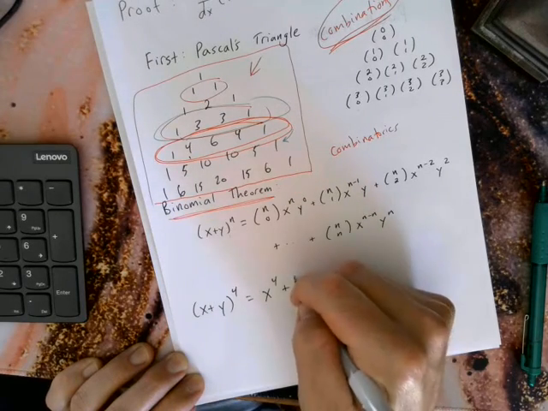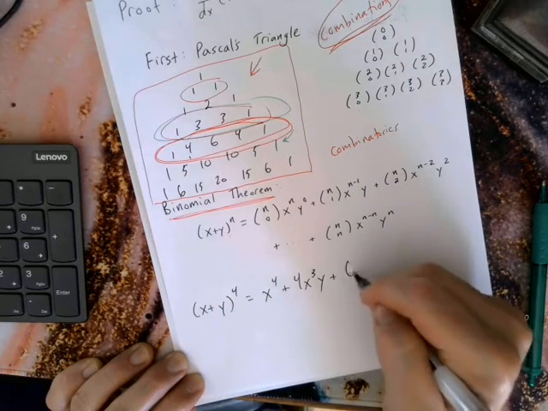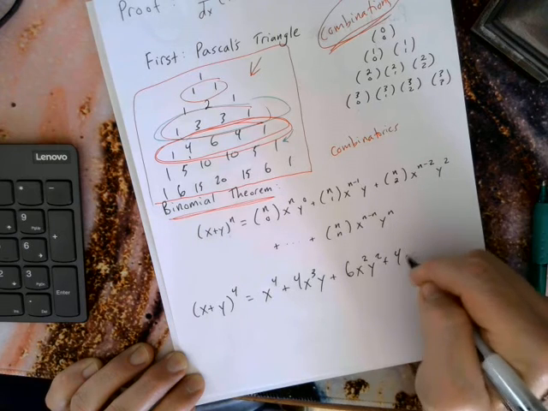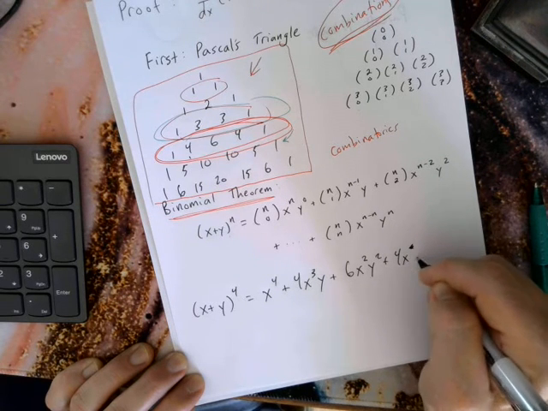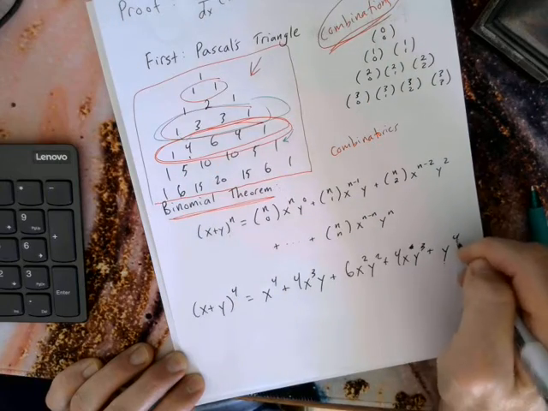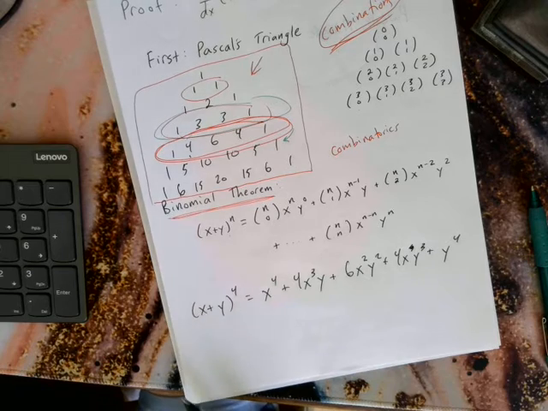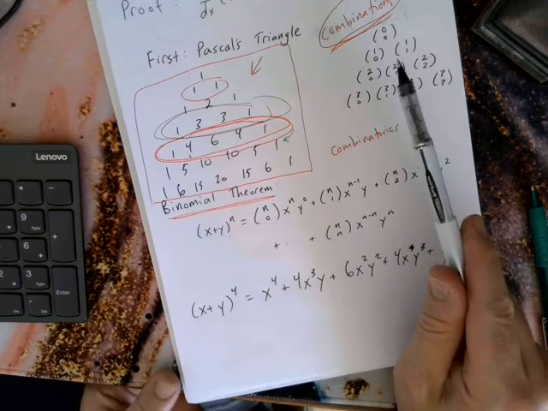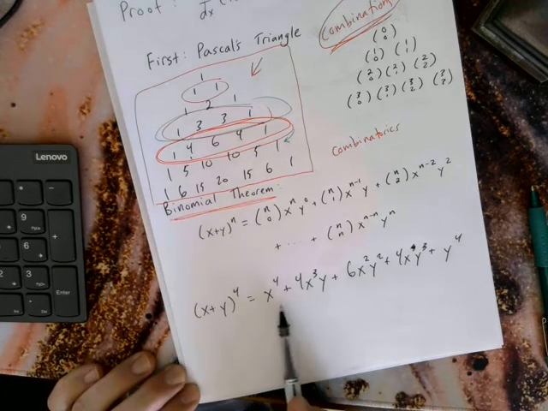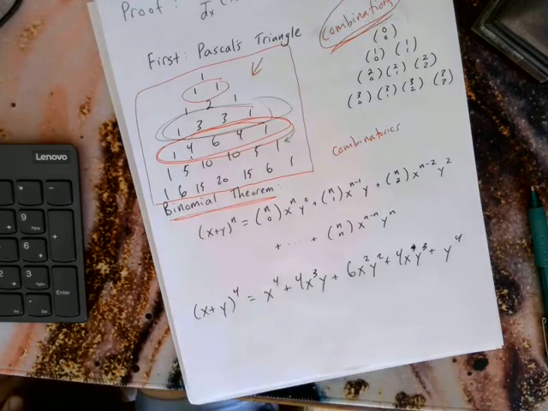Then it's 4, x cubed, y to the 1st. Then 6, x squared, y squared. Then 4, x to the 1st, y cubed. And then 1, x to the 0th, y to the 4th. So I was able to multiply out that binomial super easily using combinations and the binomial theorem and Pascal's triangle. And you can see the power of x goes down, the power of y goes up.